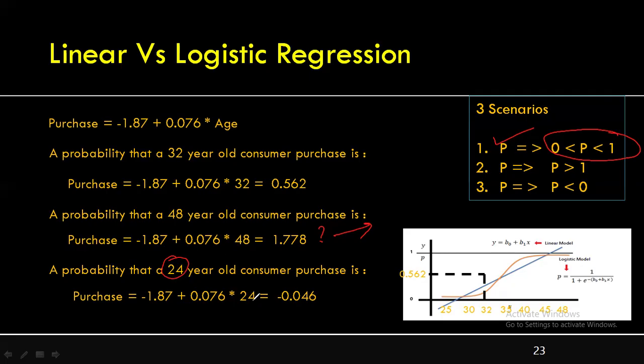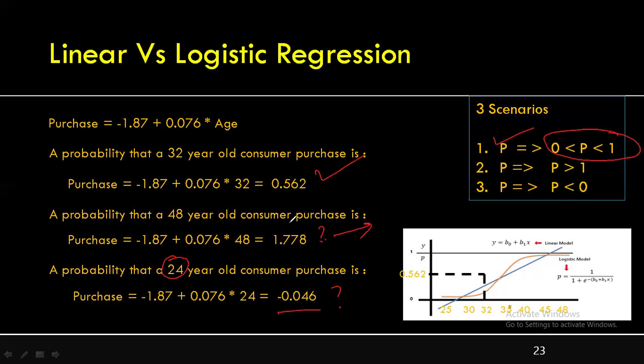If you plug in the age 24 here, the purchasing probability is negative 0.046. This is also another problem. The first one is good, but these two are not correct, because probability values lie between 0 and 1, not above 1 and not below 0. Here it is below 0, and there it is above 1.